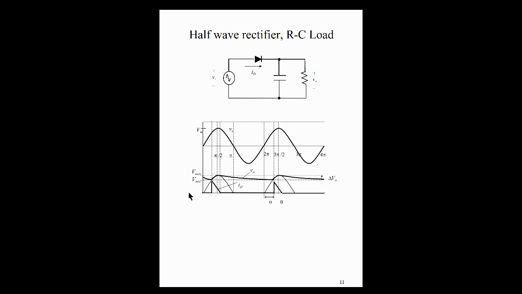Now, if we look at the current that is flowing, when the output voltage across our capacitor and resistor is the same as the input voltage, there will be no current flowing at that point.